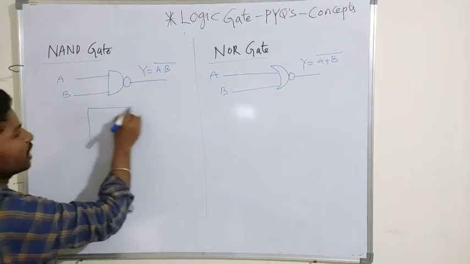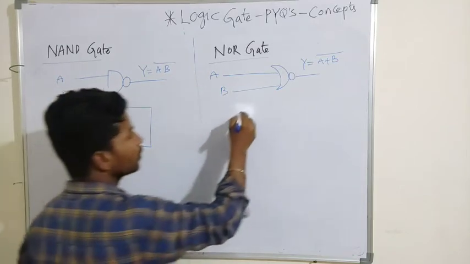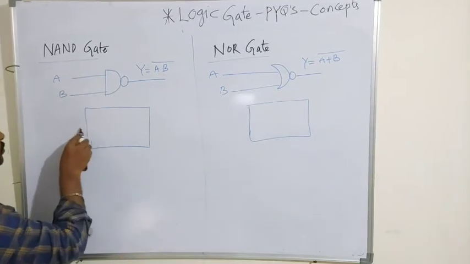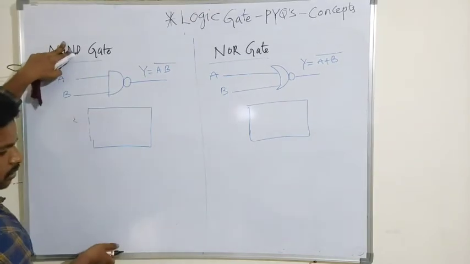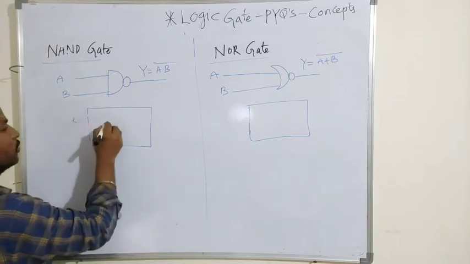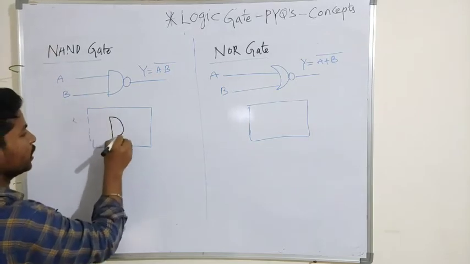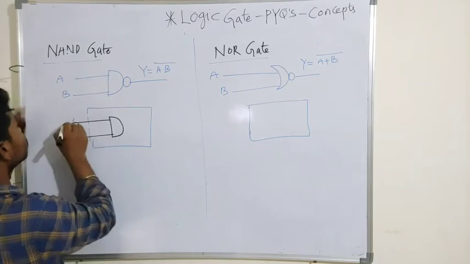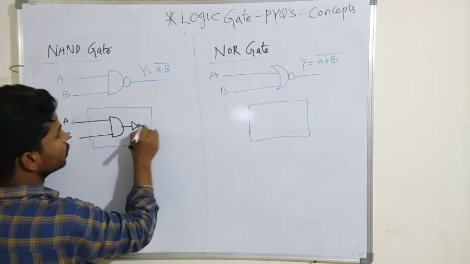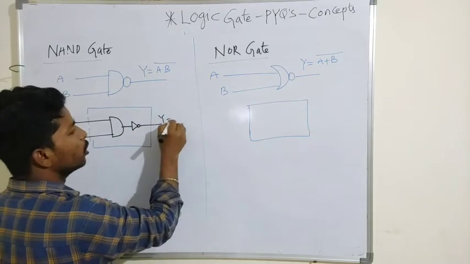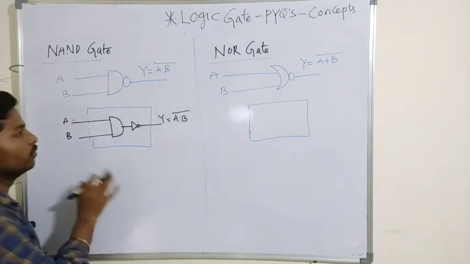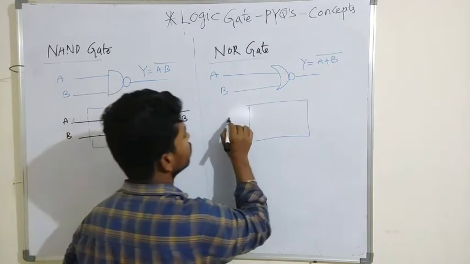In a block level diagram, we can represent it as an AND gate which takes 2 inputs A and B, has a NOT gate, and produces the output Y equals A dot B complement. So this is one of the internal block diagrams.